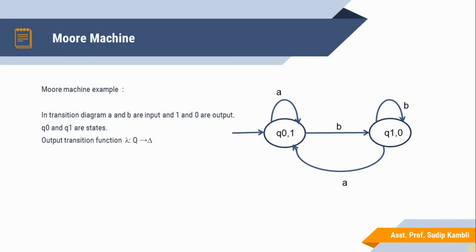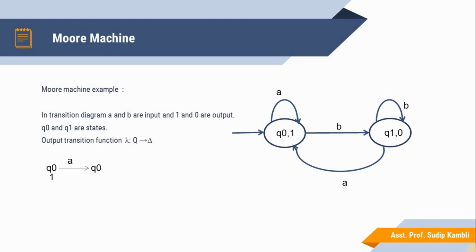So let's consider the output transition function lambda equal to Q derives delta. Lambda is the output transition function, where the input states derive other output values of delta. So first consider the start state q0. On scanning A it goes to the same state q0 and the output is 1.